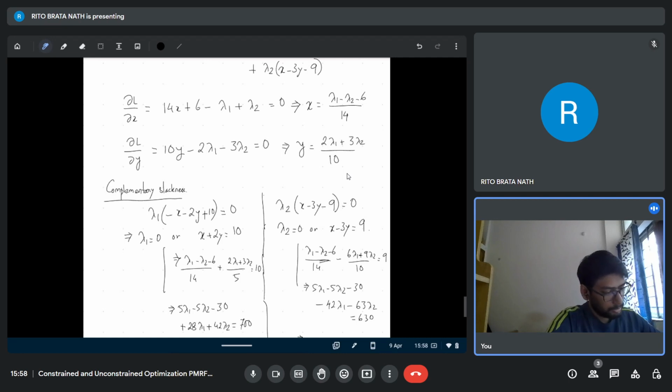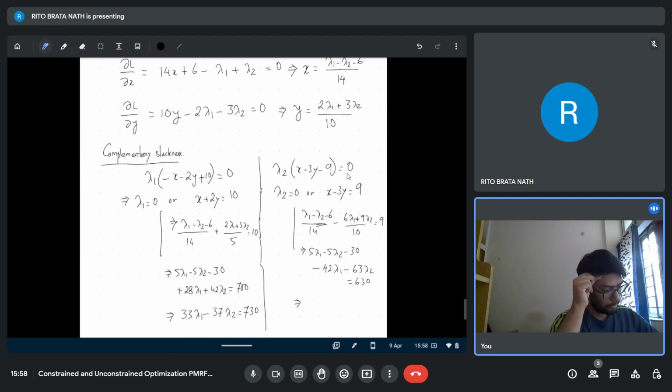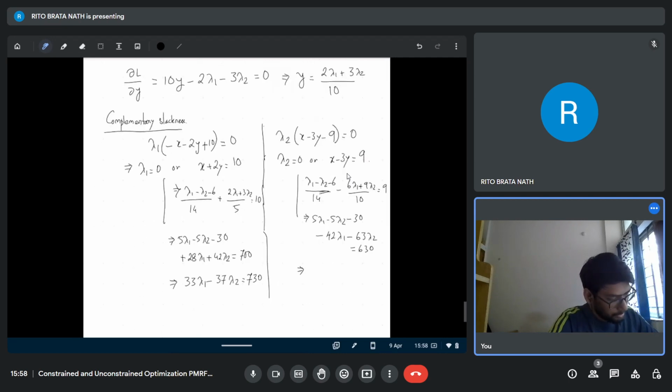Okay, so what should be done here? There's one issue that I noticed: minus 37 lambda 1, 62 lambda 2 equals 660, but both lambda 1 and lambda 2 are greater than or equal to 0, so I don't know how this will happen.